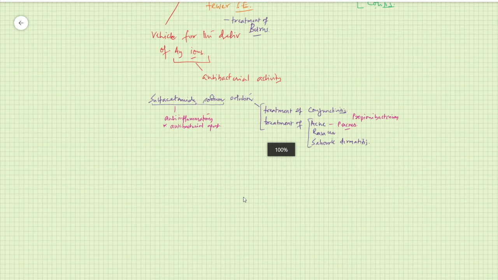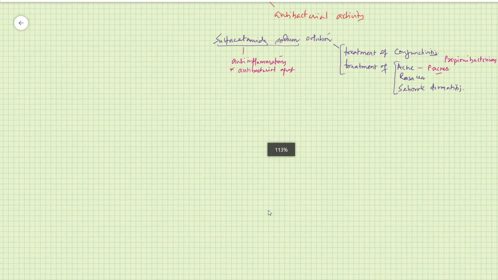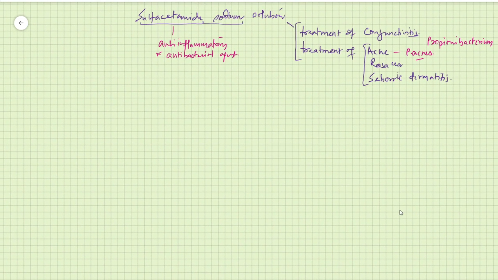Let's now throw some light on the pharmacokinetics of this class of drugs. In pharmacokinetics, we're going to look at the ADME of the drug.